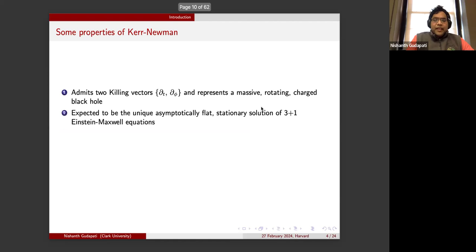Okay, and it's not just for the stability problem that the Kerr-Newman black hole spacetime is important. In fact, arguably, it's the most important family.